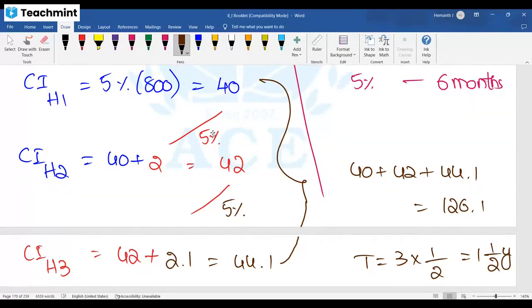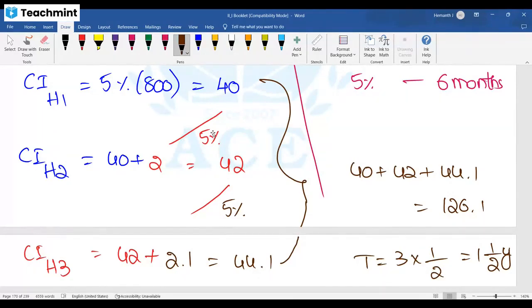Compound interest, interest for the interest. We gave 3 different methods to handle compound interest.